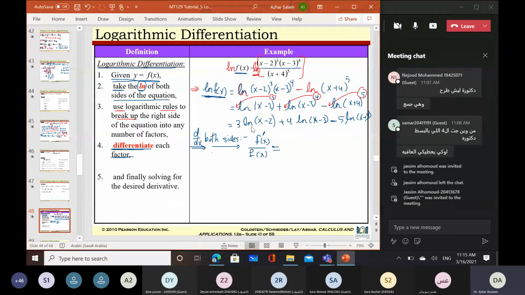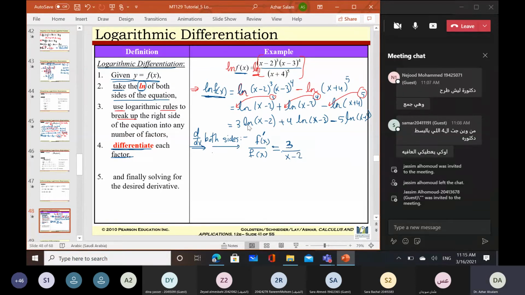Okay, after simplification, I will differentiate this. The derivative of 3 ln of x minus 2 is 3. I bring down the coefficient or the factor without change. The derivative of ln of x minus 2 is only 1 over what is inside the ln, which is 3 over x minus 2.